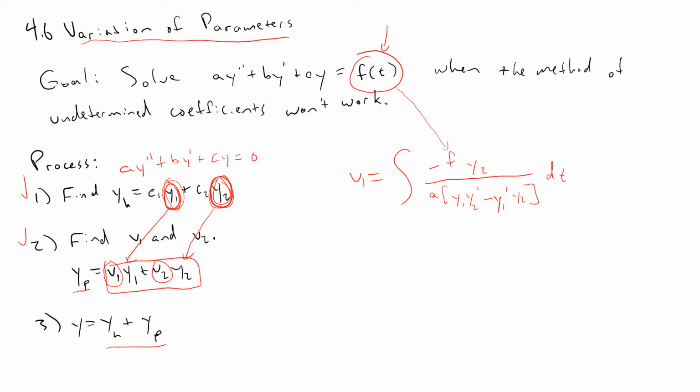A is the number attached to y double prime. Okay, so we have a y double prime. That coefficient a is the number that goes right here. Now, in most cases in your homework, this integral, even though it looks like it has a lot going on, there's going to be a lot of cancellation and simplification, so it turns into an integral that's really not that bad.